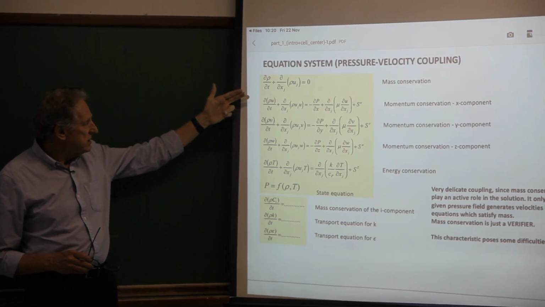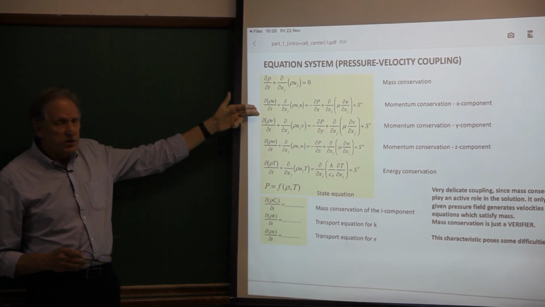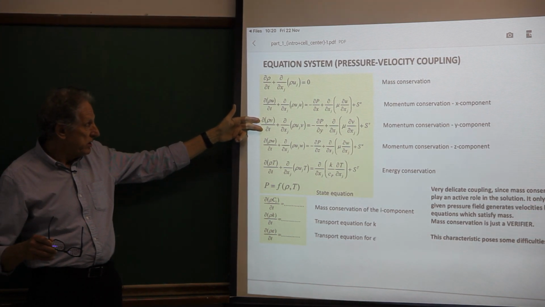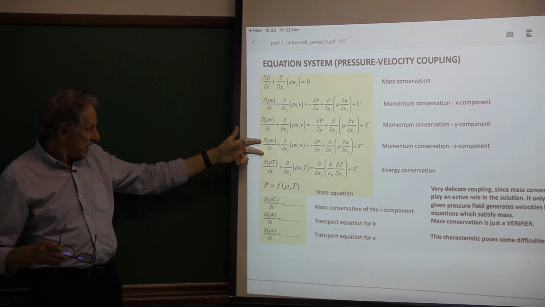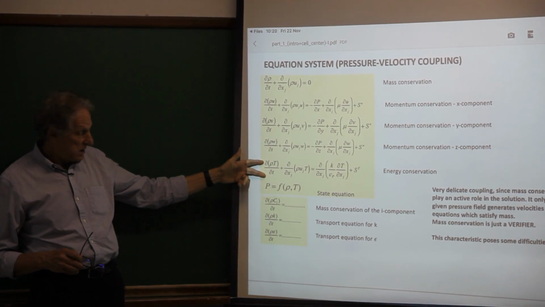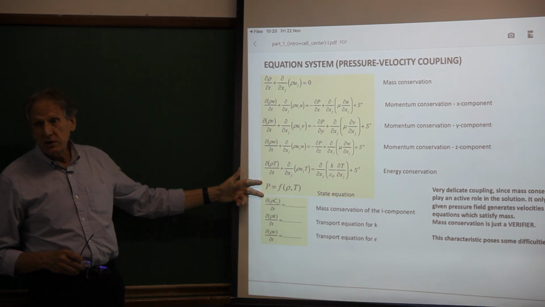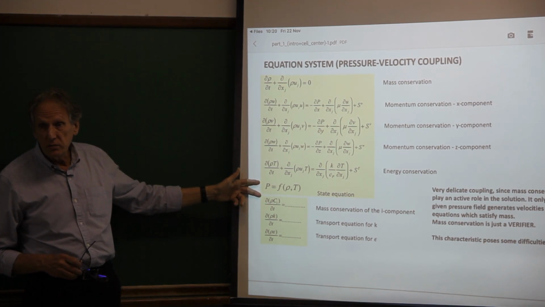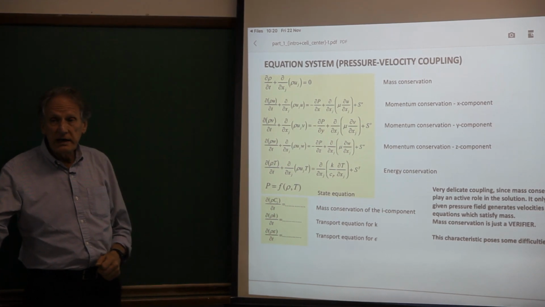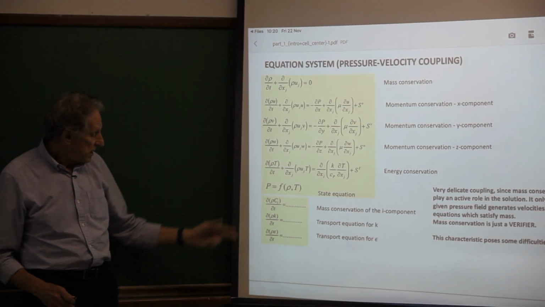Mass conservation, momentum conservation, the x component of the momentum conservation, y component of the momentum, z component of the momentum, energy, equation of state if it's a compressible flow. Equation of state relates pressure to density and temperature.